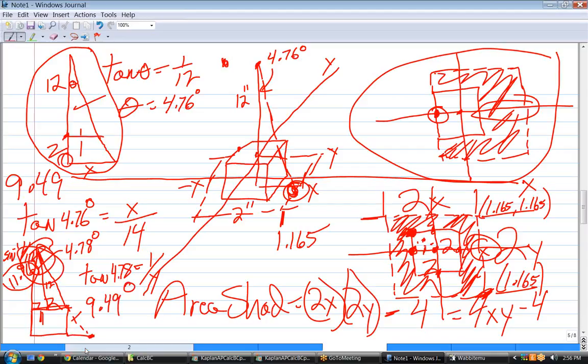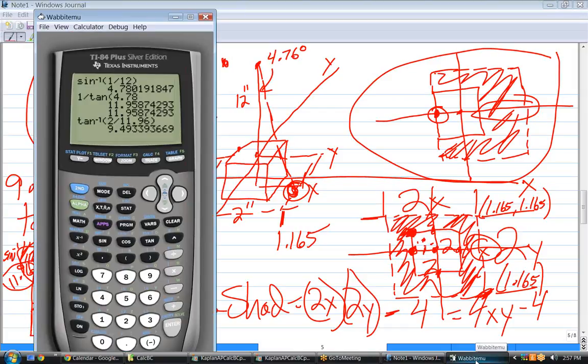And now I should be able to figure out this length of this shadow extending from the cube. That's 2. So what have I got? I've got the tangent of 9.49 degrees equals x, we'll call it z, divided by 2. So z is 2 times the tangent of 9.49 degrees.